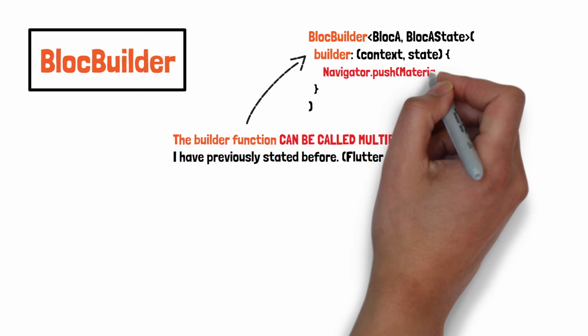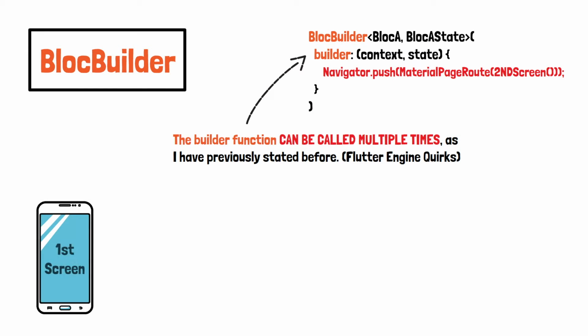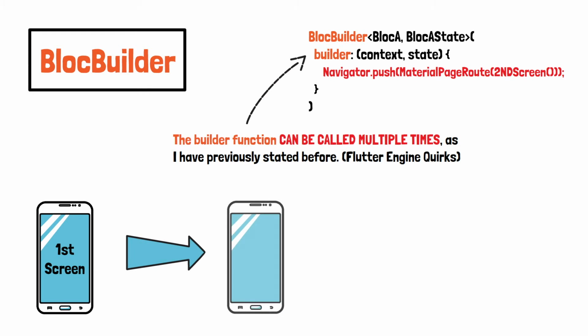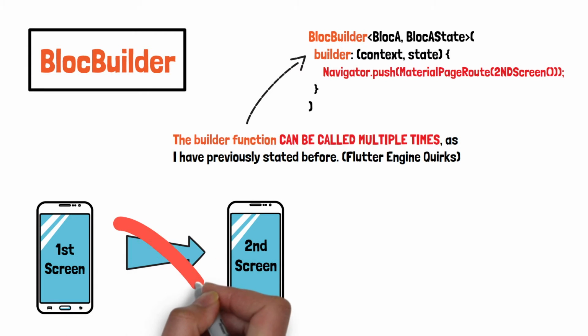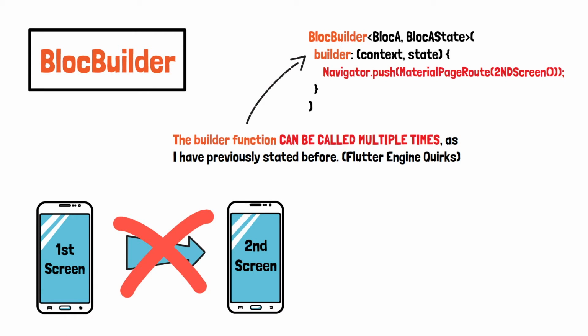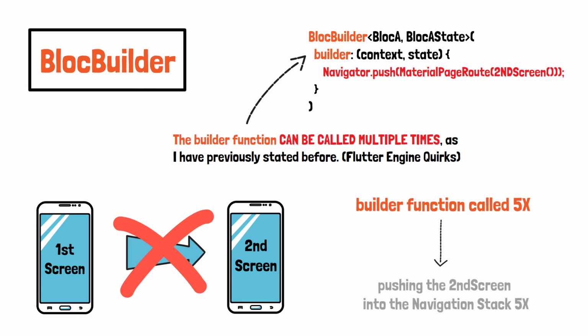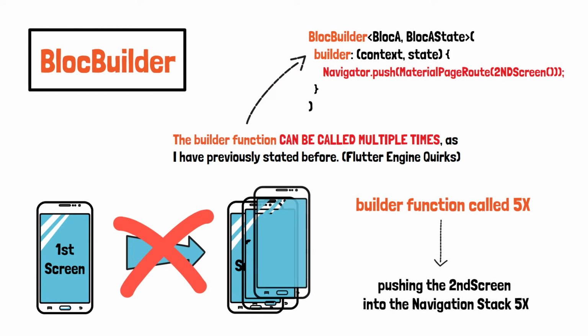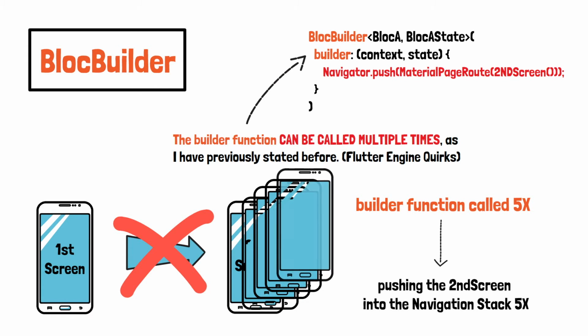So for example, navigating to another screen can't be done inside BlocBuilder as a response to a state change, because this action can actually be done multiple times. Imagine the builder function being called 5 times. Would you want the new screen to be pushed inside the navigation stack 5 times?